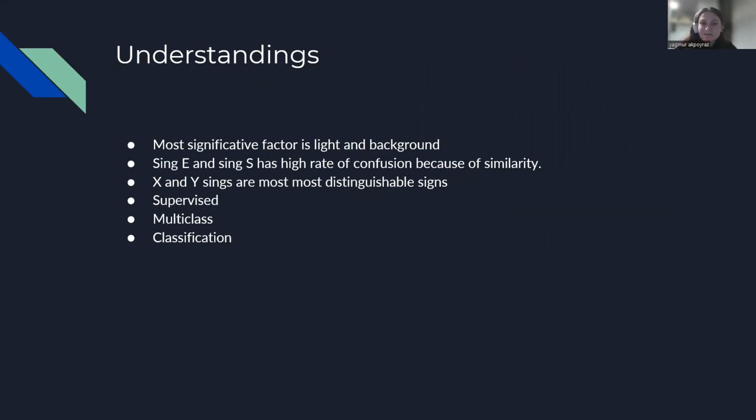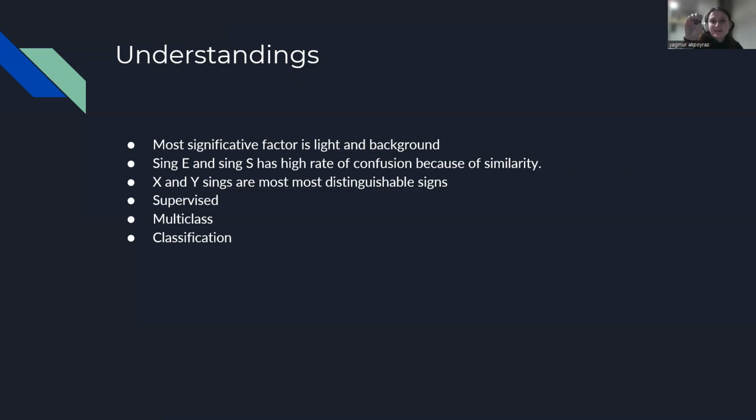We have some understandings from our test. The most significant factor is light and background, as with every image processing issue. Sign E and sign S have a really high rate of confusion because of the similarity.